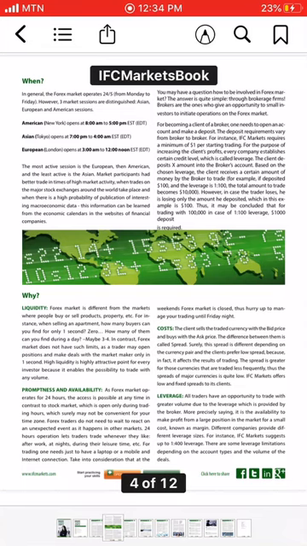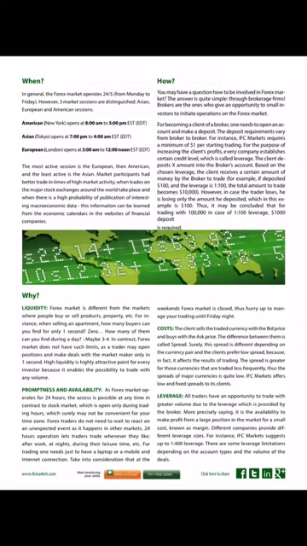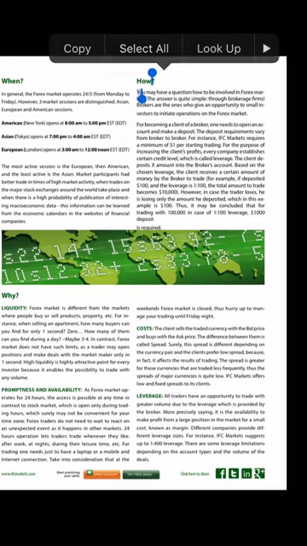Anyway, like I said, Forex can be traded 24 hours a day. It is always open. And I know you may be asking yourself, how do I get the opportunity to trade? It's simple.